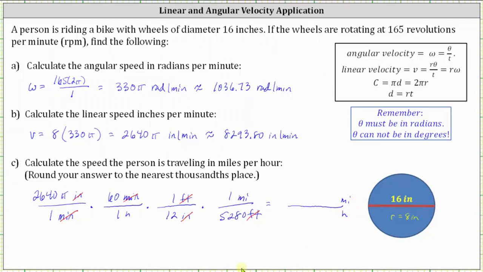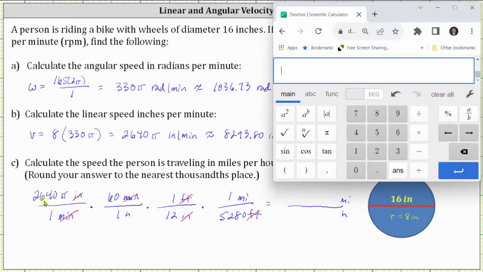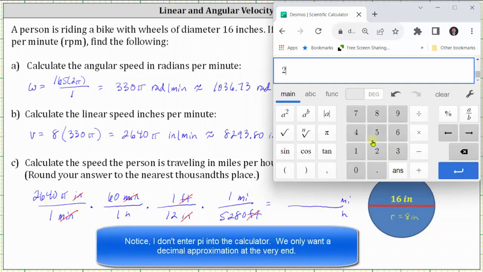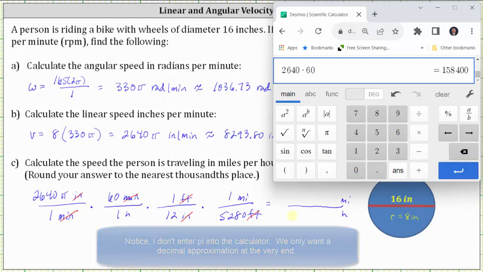Going to the calculator, in the numerator we have 2,640 pi times 60 times 1 times 1, which gives us 158,400 pi.